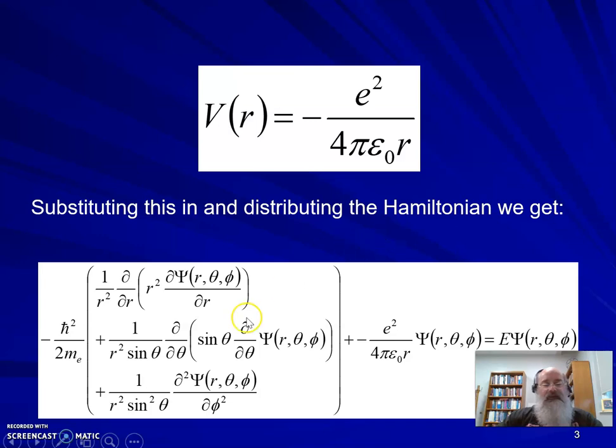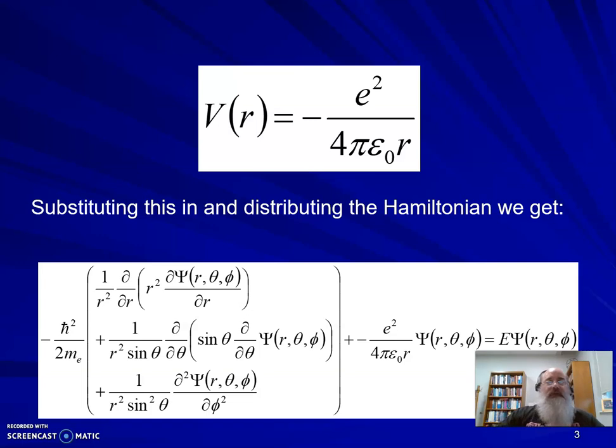And the other thing to notice is that the angular portion, the non-radial portion of this, looks very, very similar to what we saw for 3D rotation in Chapter 7. And so the angular portions of the wave function, when we are able to do separation of variables, the theta and phi portions are going to be the same as, or very similar to, what we saw of the spherical harmonics in Chapter 7.